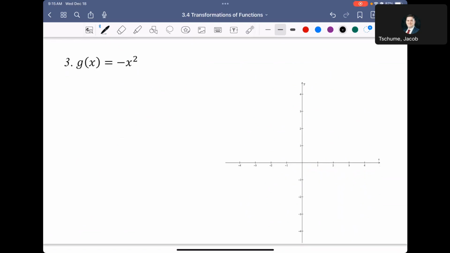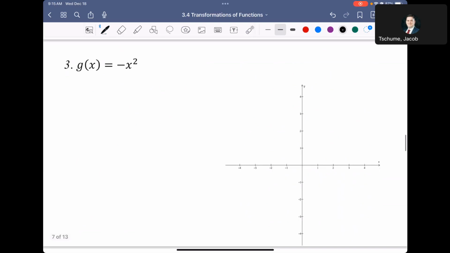If you're asked to graph g of x equals negative x squared, well, we've learned in previous sections that x squared would be a parabola that looks something like this. Now, the difference for us is that we have this negative in the front, which means we are being asked to do a reflection around the x-axis.